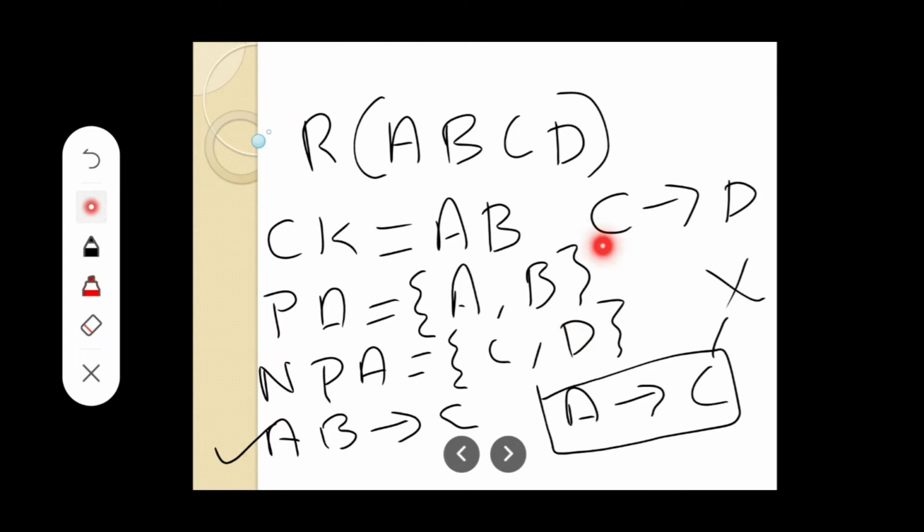So a non-prime attribute determines a non-prime attribute. That is also true for 2NF.